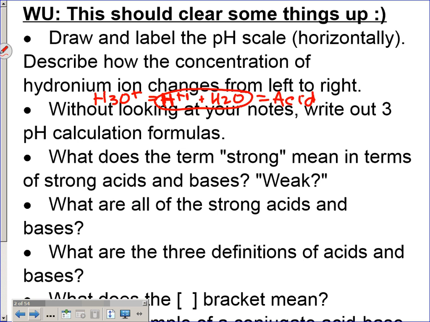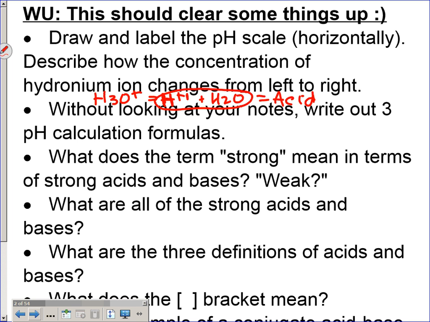Okay, so hydroxide is indicative of a base. So where would the largest concentration of hydroxide be? Basic or acidic? One more time: I said hydroxide, OH-, is indicative of a base. Where would I have a lot of hydroxide? Basic region, right?